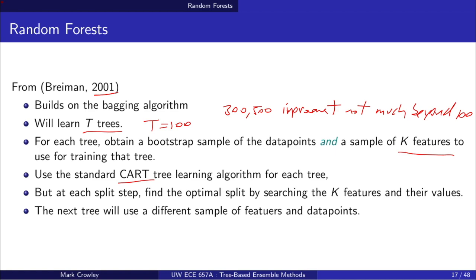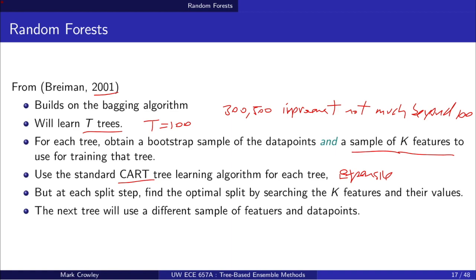That makes it more expensive to compute. So in random forests, we add one additional thing: we sample a subset of the features that it can actually use, right?